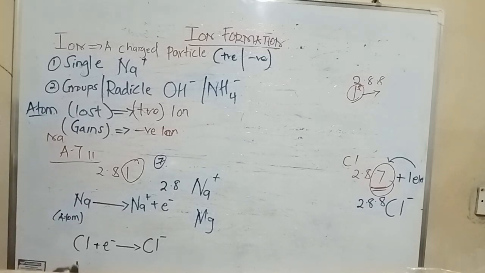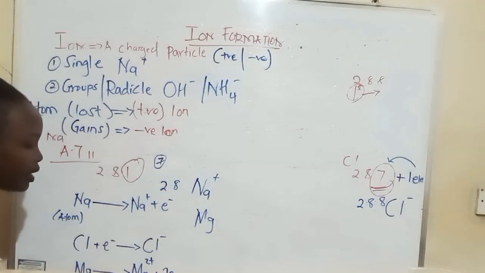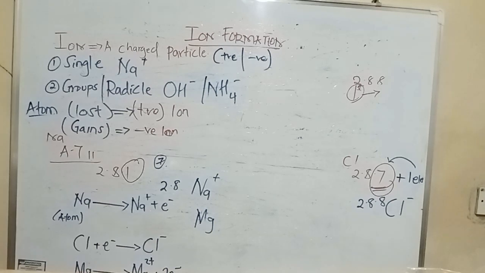So this is the magnesium atom, and we are going to lose 2 electrons to form magnesium ions, so we write plus 2 electrons there. So that is ion formation, and this is what happens when you're forming an ion.